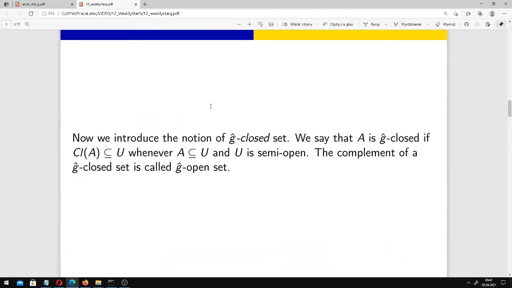So we say that A is hat G closed if the closure of A is contained in U whenever A is contained in U and U, capital U, is semi-open. And of course, as always, the complement of a hat G closed set is called a hat G open set.